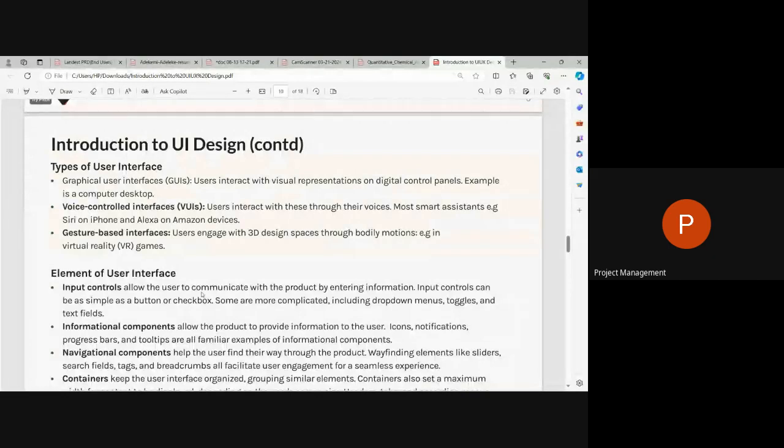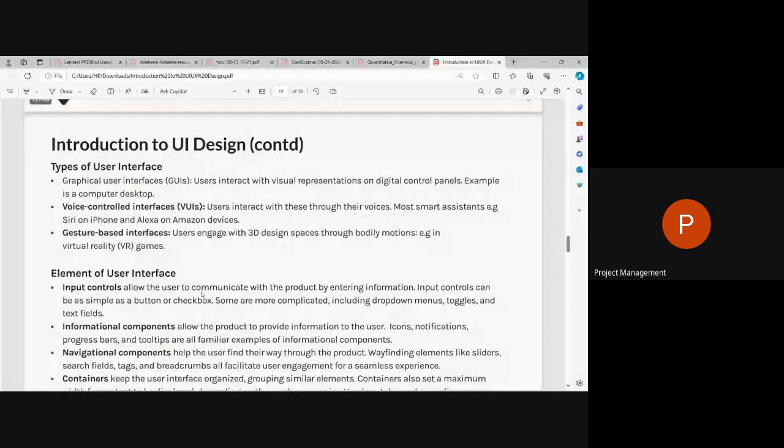When you're playing a VR game, it will take you somewhere that is not real, but you interact with it with your body movements. So those are the three types of user interface that we have: the graphical user interface, the voice controlled interface, and the gesture based interface.